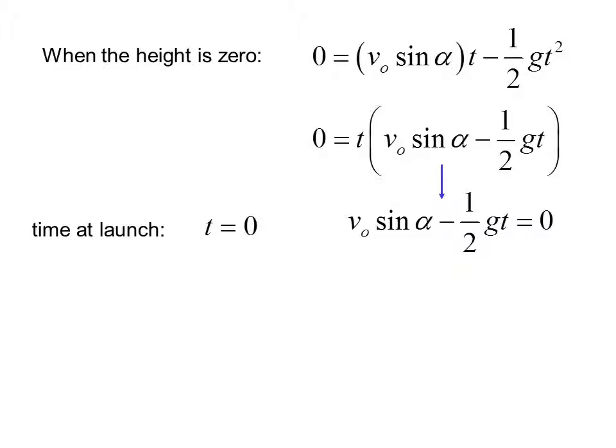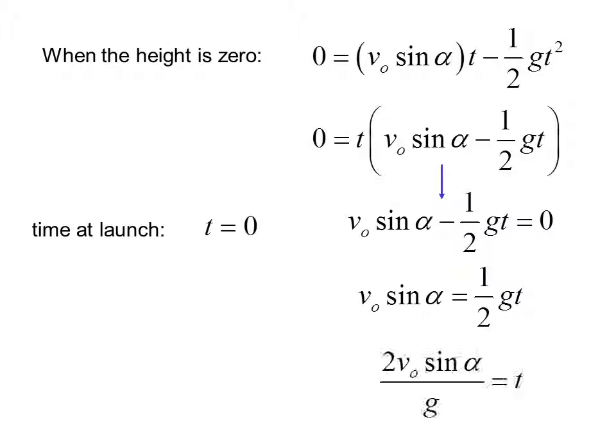If we set the other part of the equation equal to 0, we get v sub 0 sine alpha equals 1/2 gt, or 2 v sub 0 sine alpha over g equals t. This would be the time at impact, or flight time.